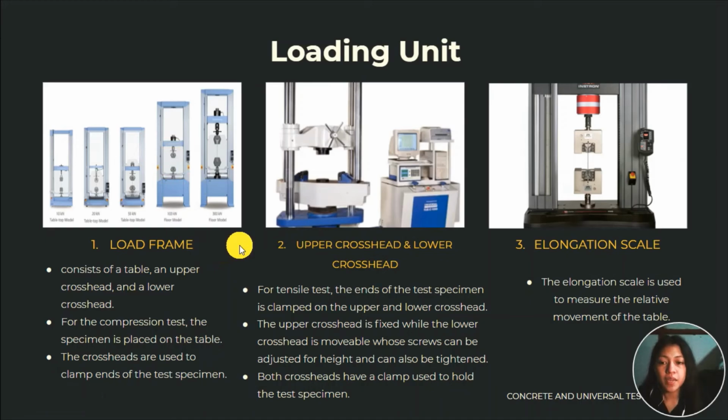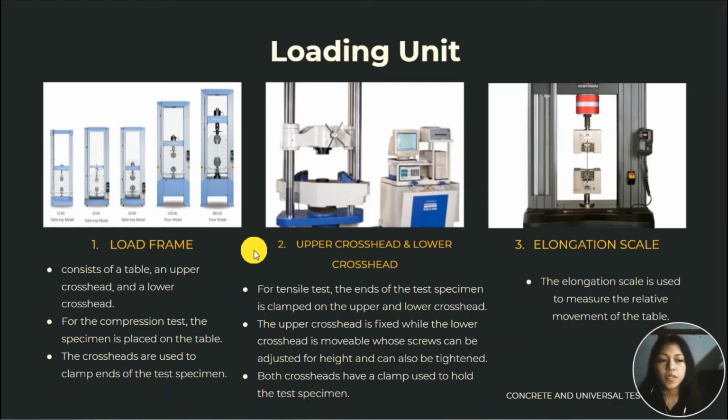Next, it says here, for the compression test, the specimen is placed on the table, and the crossheads are used to clamp the ends of the test specimen. Also, in this load frame we have two sections. The first section on top is for tensile testing, and the second section is used for compression test.